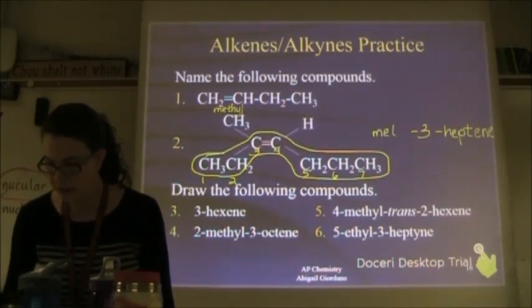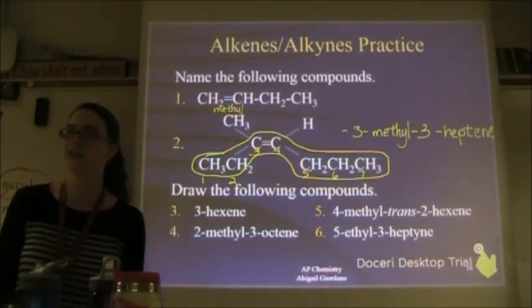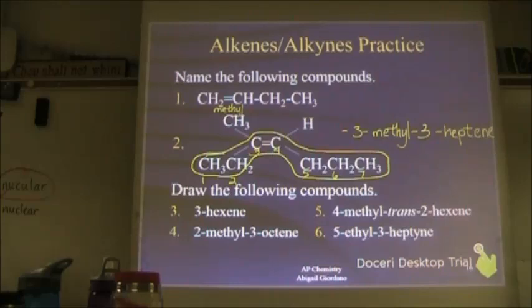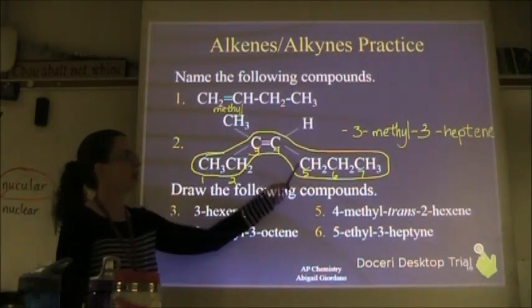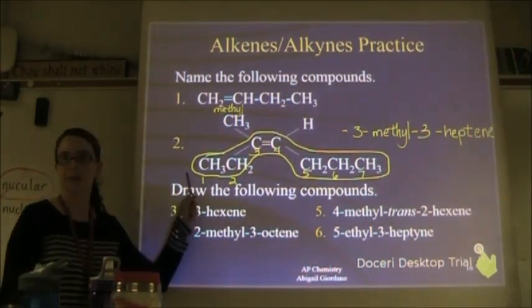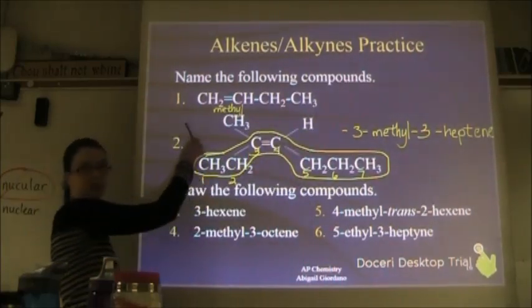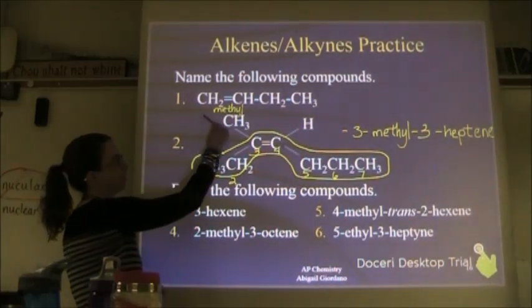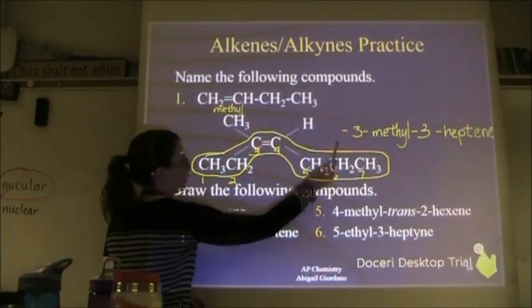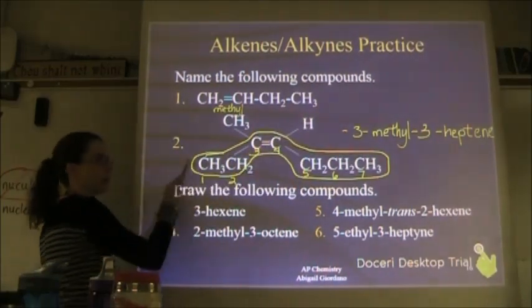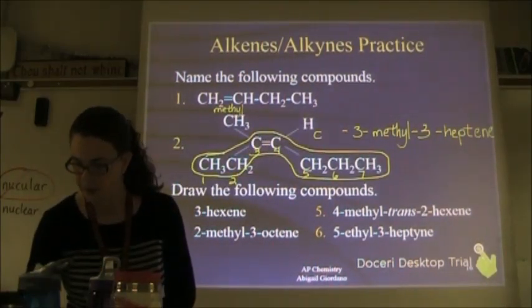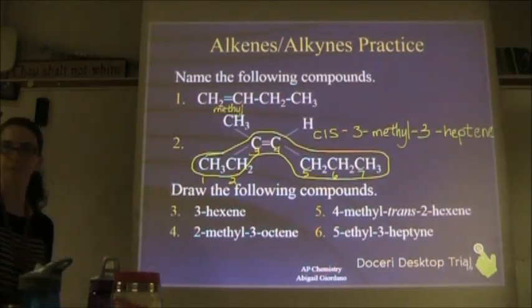So this is methyl. It's on the 3rd carbon. The last part is this cis or trans? Cis. The ends of the carbon chain are both on the bottom. That's cis. If they're both on the top, that's also cis. Trans is if it's top, bottom, or top, bottom. So this is cis. Okay.